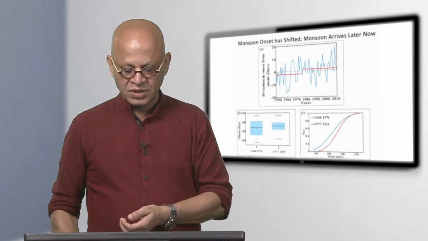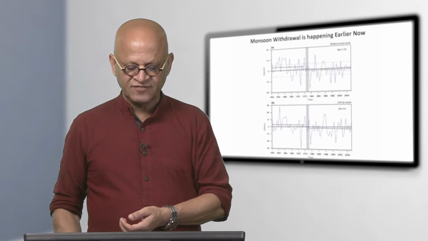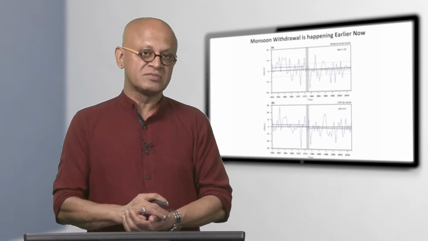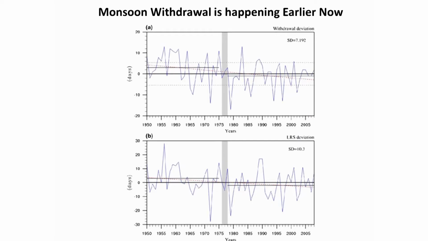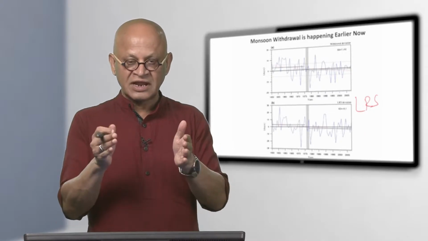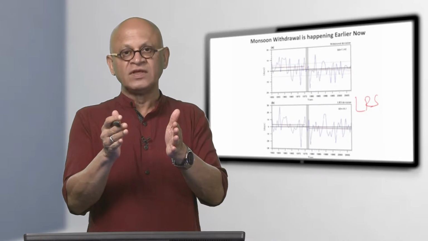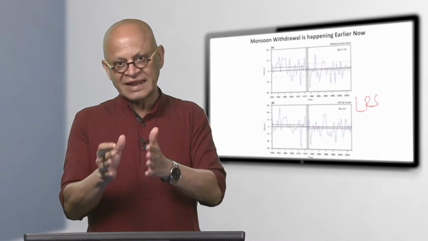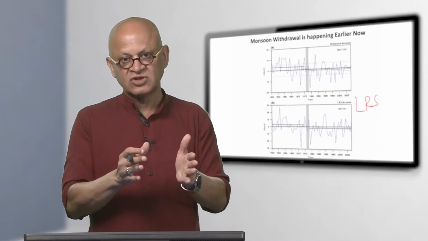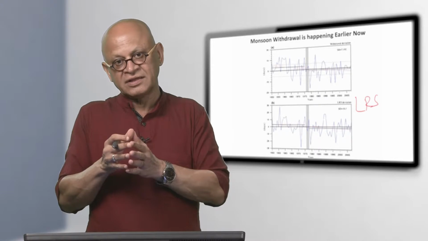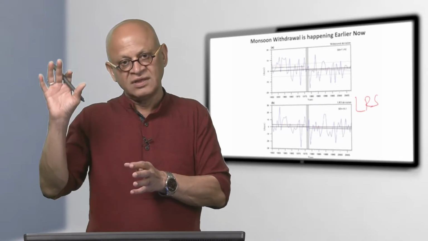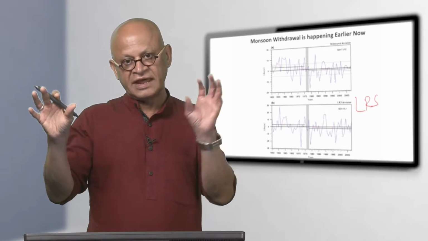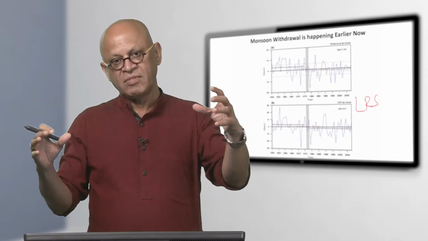Okay. So keeping that in mind, we looked at further changes that are happening in terms of the delayed onset and earlier withdrawal, which has changed the length of the rainy season by a few days. So less rain, shorter rainy season, but if the extremes have increased so much, you can still get less rain, because as we saw in 2018, for example, it rained a lot over Kerala, but it was very deficient in the northeast and over Gujarat and so on, and over much of central India.